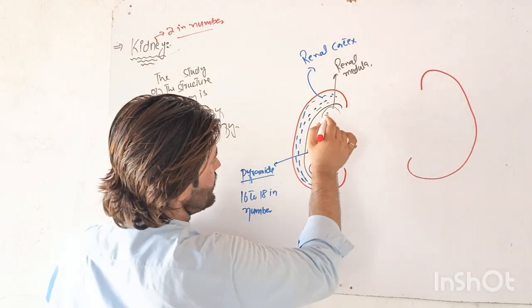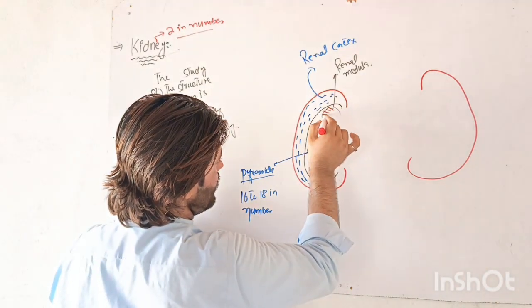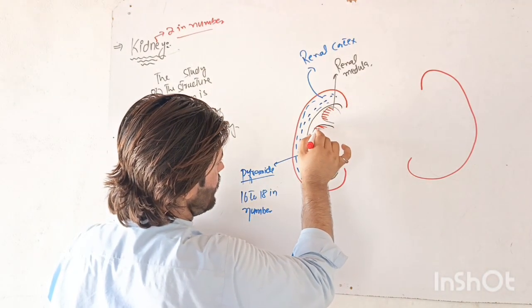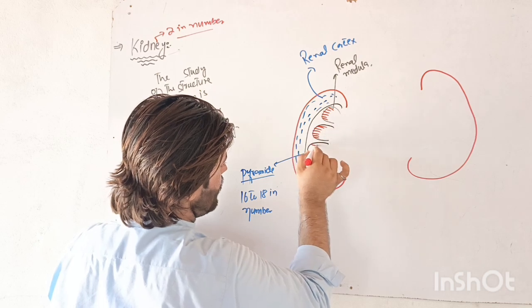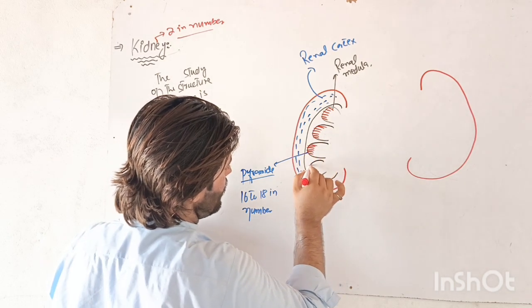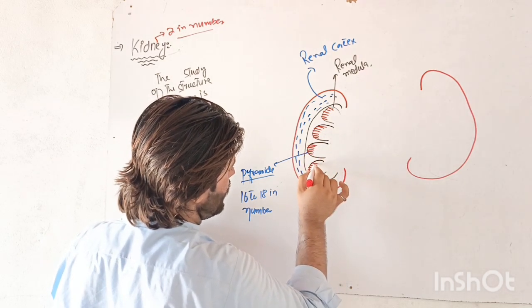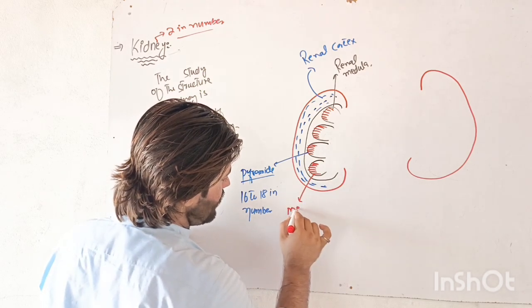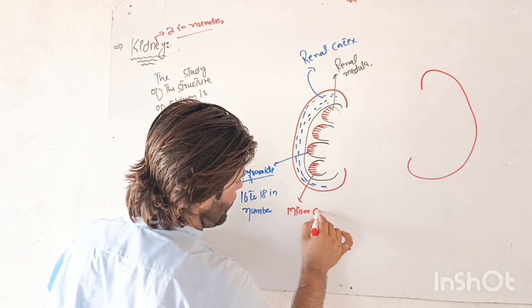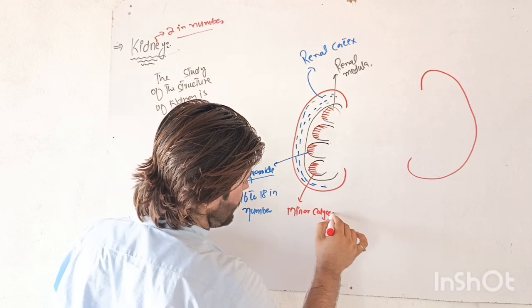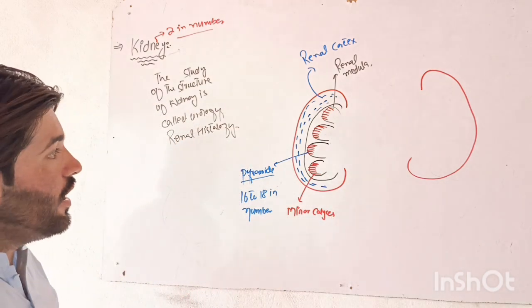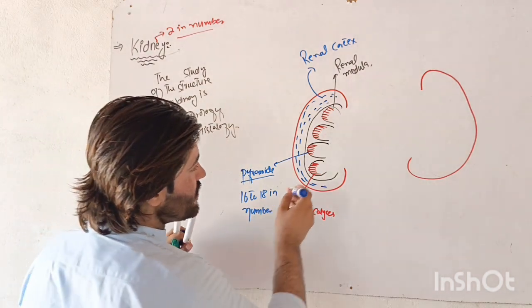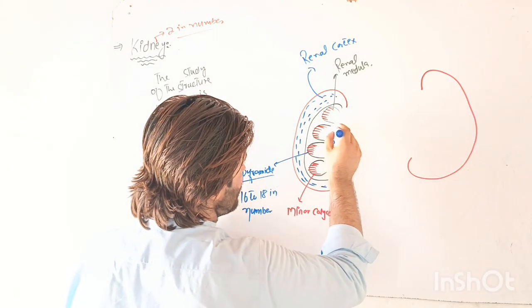Inside the pyramid there is a part called the minor calyx. This is known as the minor calyx, and this minor calyx opens into the major calyx.